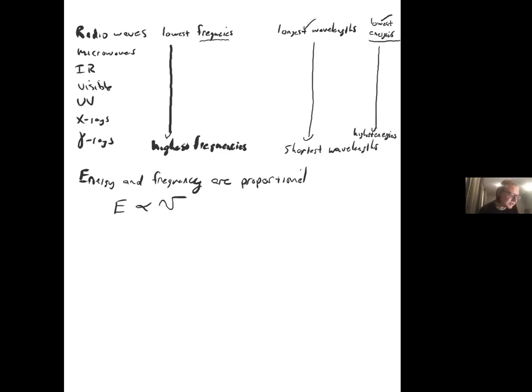The biggest wavelength gives you the lowest energy. So that means that energy is proportional to 1 over wavelength. As wavelength gets longer, energy gets smaller. Okay, so those are two relationships we have to be aware of. We're going to talk about them next, which is to look at the relationship between energy and frequency and energy and wavelength.